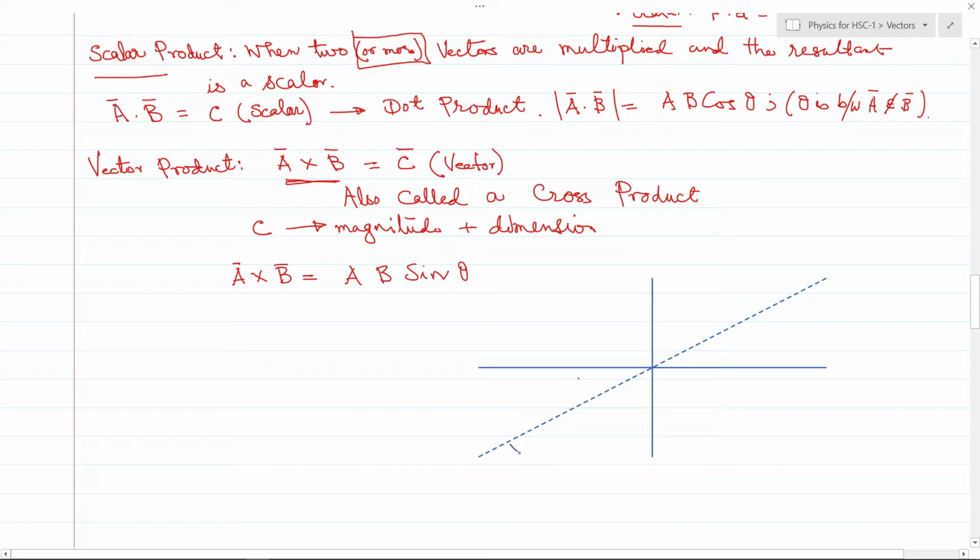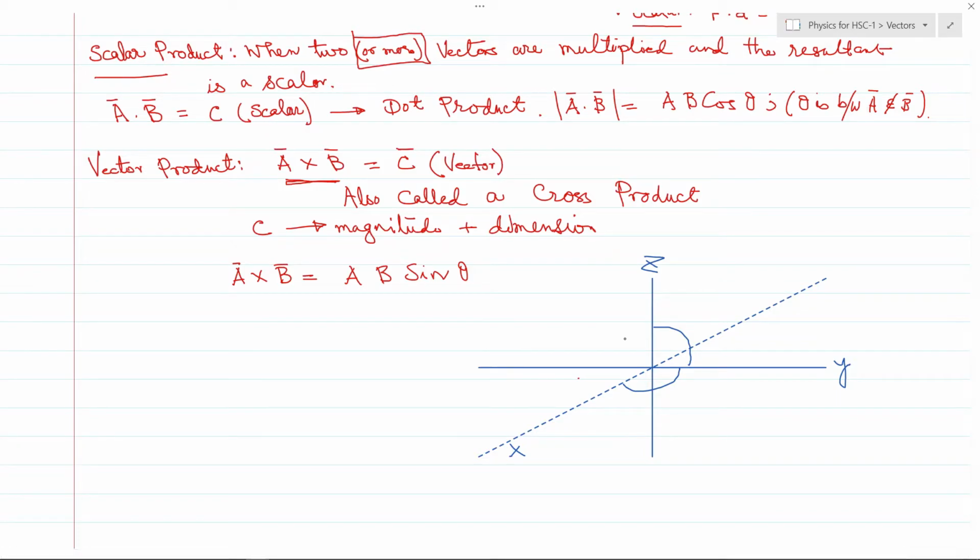So suppose this is x, this is y, and this is z. Angle between x and y, of course, is 90 degrees. Angle between y and z is also 90 degrees, and of course x and z also 90 degrees. So this is a three-dimensional coordinate system.